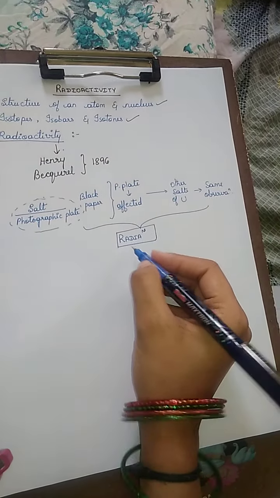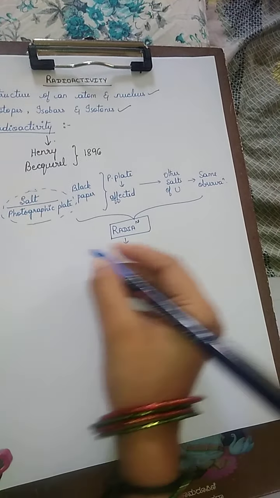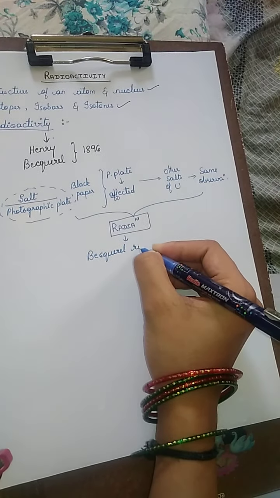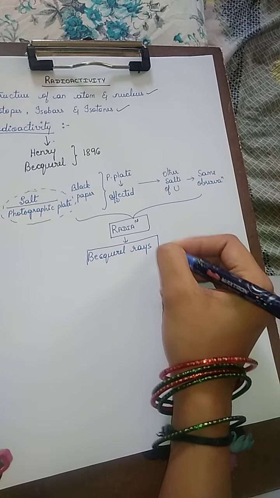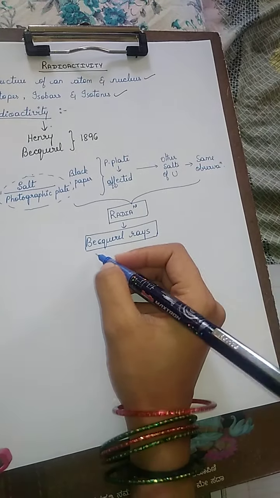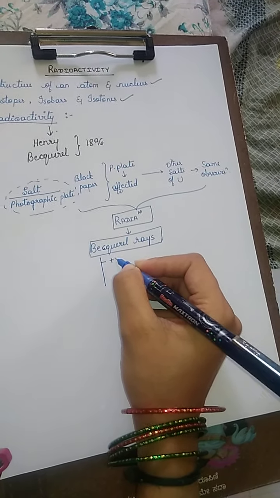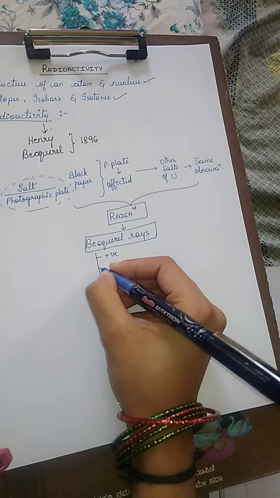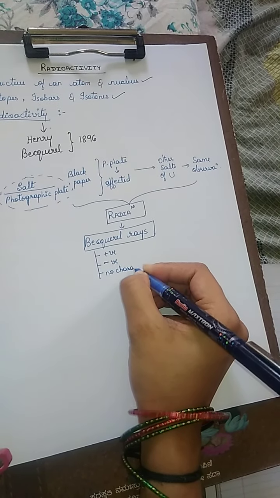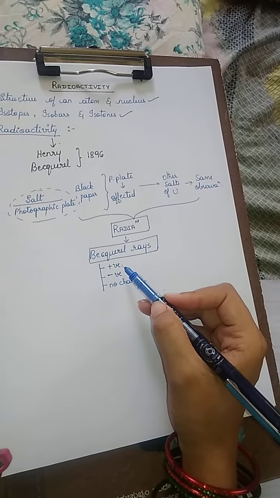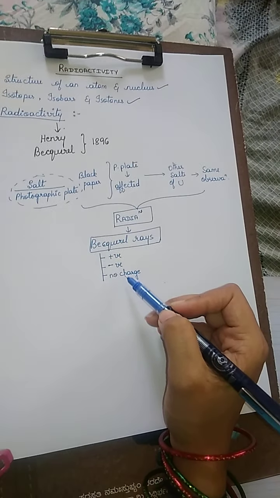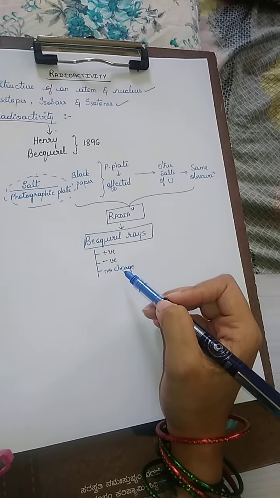These radiations he named the Becquerel rays. And later he found out that there were three different types of Becquerel rays: positive rays, negative rays, and the one that has no charge.